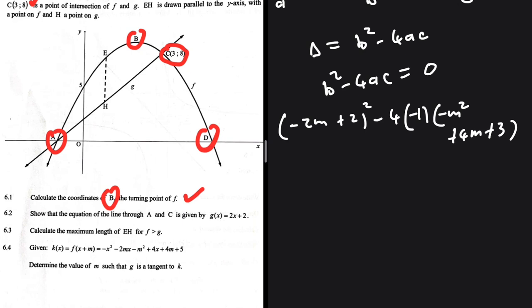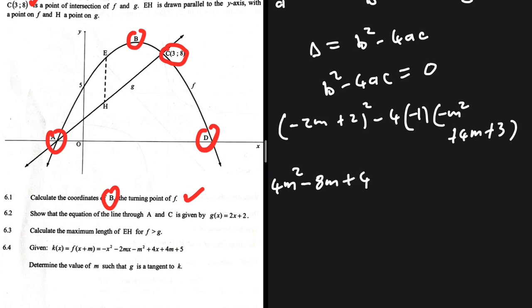So b squared is going to be minus 2m plus 2 squared, and then minus 4, A is minus 1, and C is minus m squared plus 4m plus 3. Minus 2m plus 2 squared gives us 4m squared minus 8m plus 4.